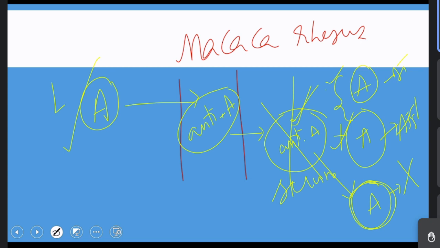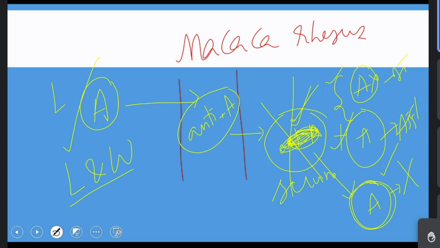No, because either anti-A should be present or anti-A should not be present. And with this experiment, Landsteiner and Wiener discovered that this antibody that is produced is not against A antigen at all. Because if it was produced against an A antigen, it should react with the blood of Nagendra also. But it did not react with that.